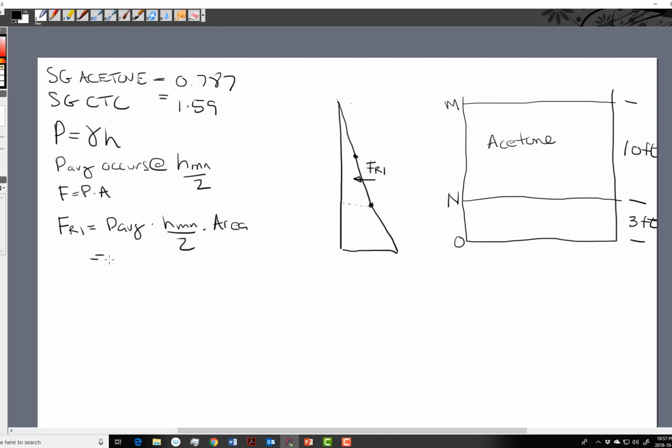The average pressure is going to be the specific weight of water times 0.787 times 10 feet over 2, which is the distance of that point right there. And the area is going to be 10 feet times 3 feet wide.